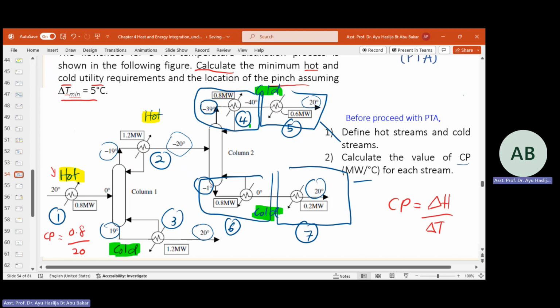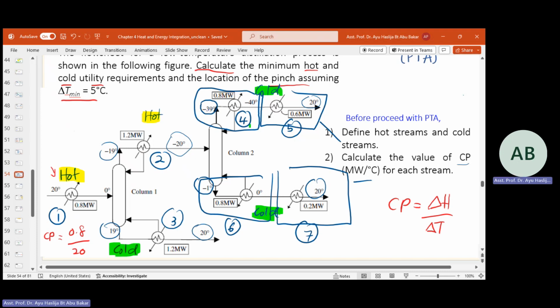The delta T, how do you calculate the delta T? TS minus TT or TT minus TS? TT minus TS.